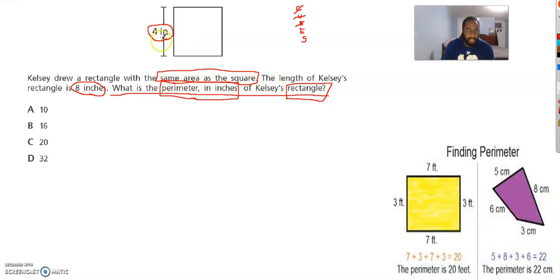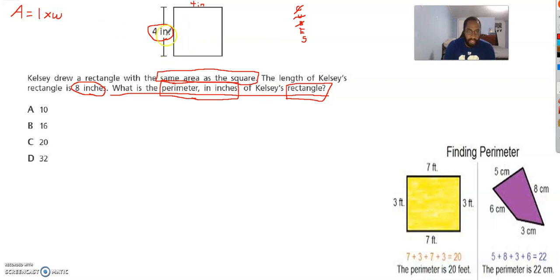So, a square. What do we know about squares, Colby? Yes, squares have 4 equal sides. So if this side is 4 inches, then that means this side must also be 4 inches. And what was the formula for area that we found out, Ninja? Yes, area is equal to length times width.